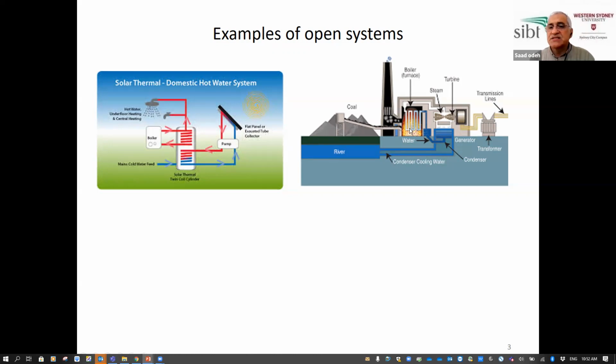Also, on a bigger scale, if I take the bigger system on the right side, this is what we call an electric power plant. In this power plant, we convert the heat generated by burning the coal inside the furnace to electricity through a complicated system, but this is a very simple diagram representing it.